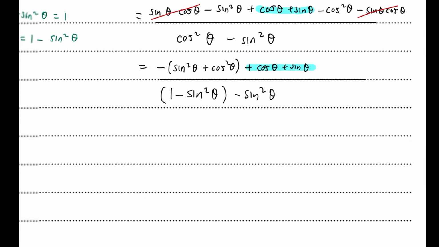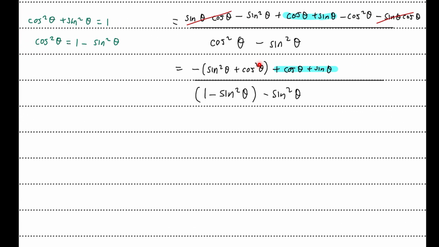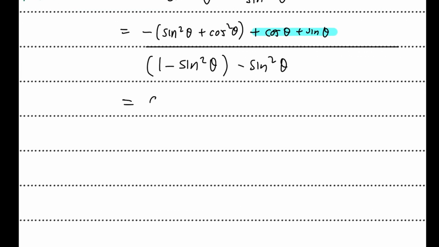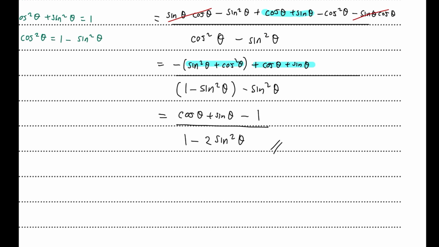Why do we do that? Because we know that sine square plus cos square equals 1. So this becomes minus 1. So it can be simplified into cos theta plus sine theta minus 1, over 1 minus, you have minus sine square becomes minus 2 sine square theta. So this is the answer.